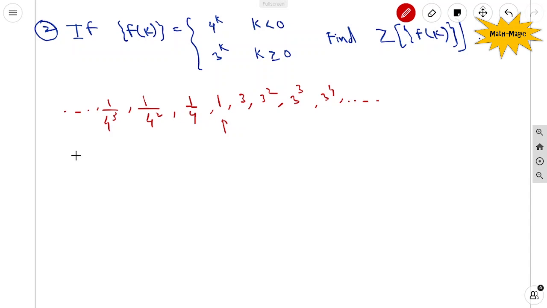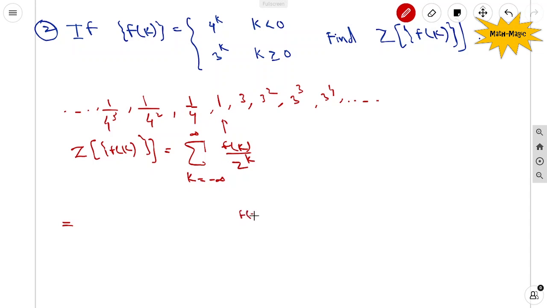So now we have to find the Z transform of sequence f of k. So Z transform of sequence f of k is equal to summation of k equals to minus infinity to infinity f of k upon z raised to k. Okay, so this is nothing but, let's write this summation form as f of 0, for k equals to 0 we get f of 0, plus k equals to 1 we get f of 1 upon z.